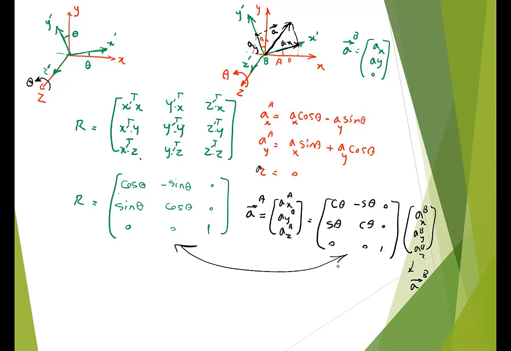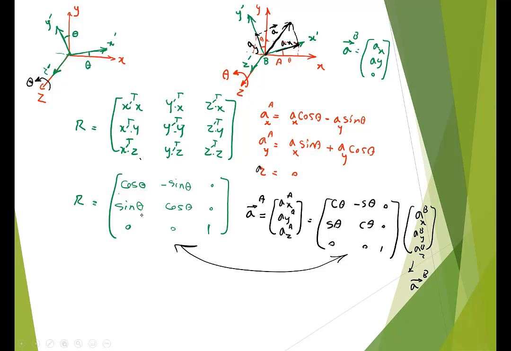So as you can see, the rotation matrix not only shows the orientation of a rotated frame, but it also shows the rotation of a vector in the rotated frame with respect to its initial frame. And for an elementary rotation around Z, it's defined by this matrix.